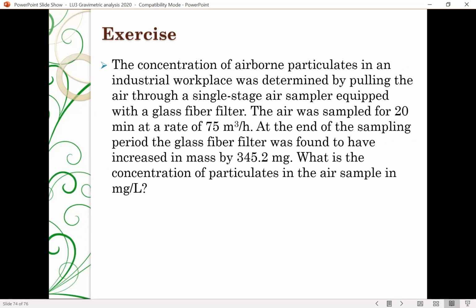Concentration of airborne particulates in an industrial workplace was determined by this method mentioned in the question. The air was sampled for 20 minutes at this rate, and at the end of the sampling period, the glass fiber filter was found to have increased in mass. So whenever you have the phrase increase in mass by something, this something is the mass of the analyte collected through that process. So what is the concentration of particulates in the air sample?